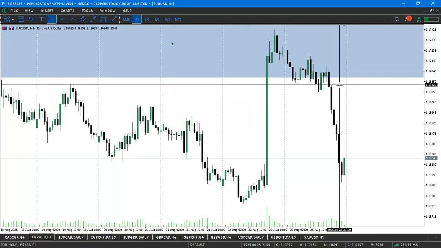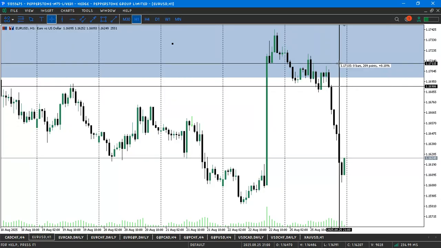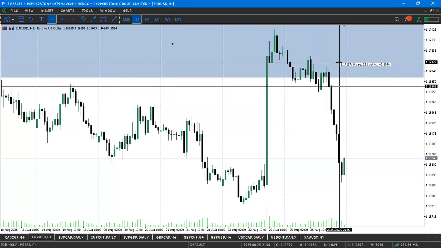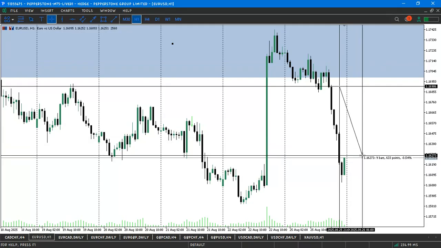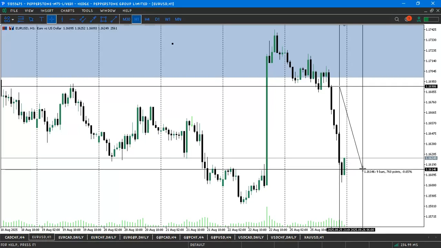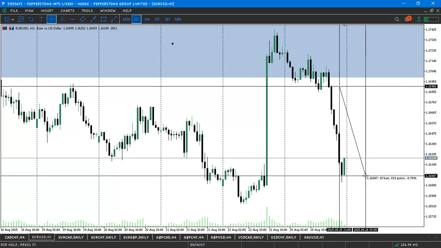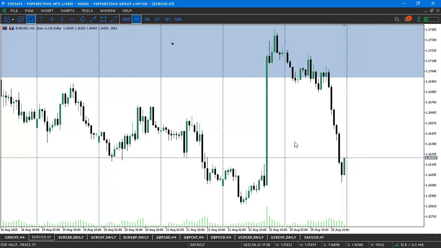The risk here is 20 pips, which would have resulted in a risk to reward of 1:3. Then our target should have been 60 to 70 pips, which was the case, and after reaching that, the market started reacting.